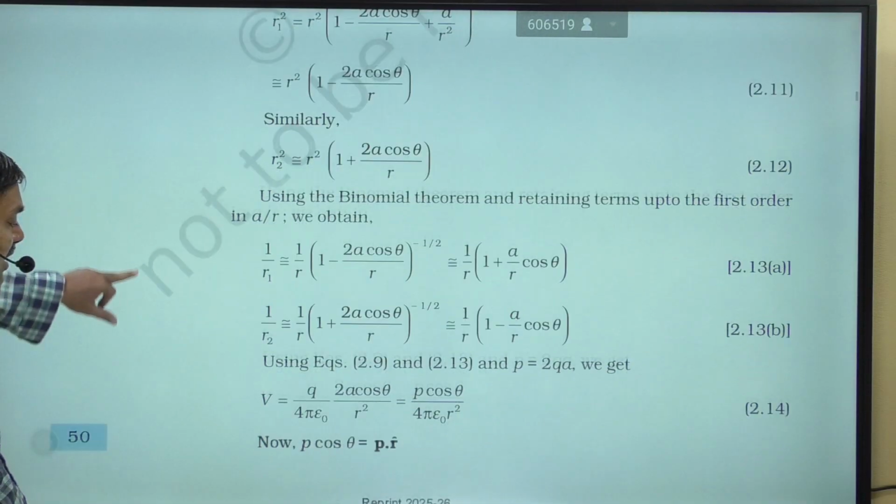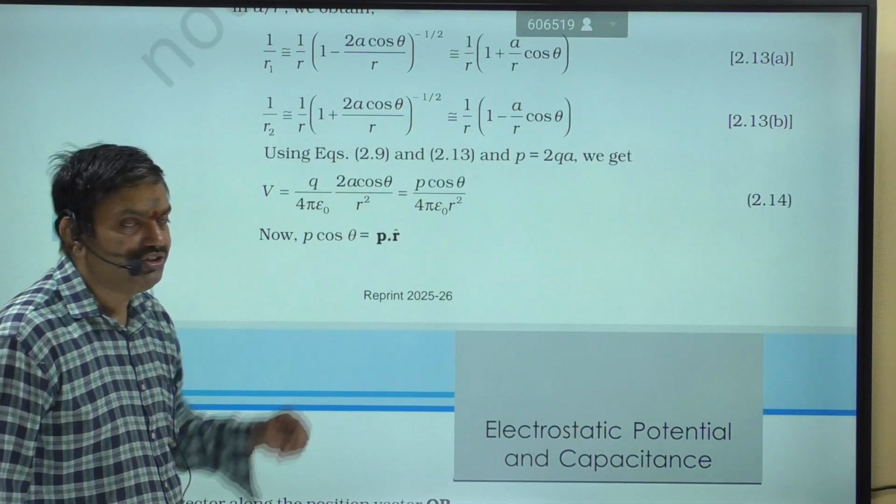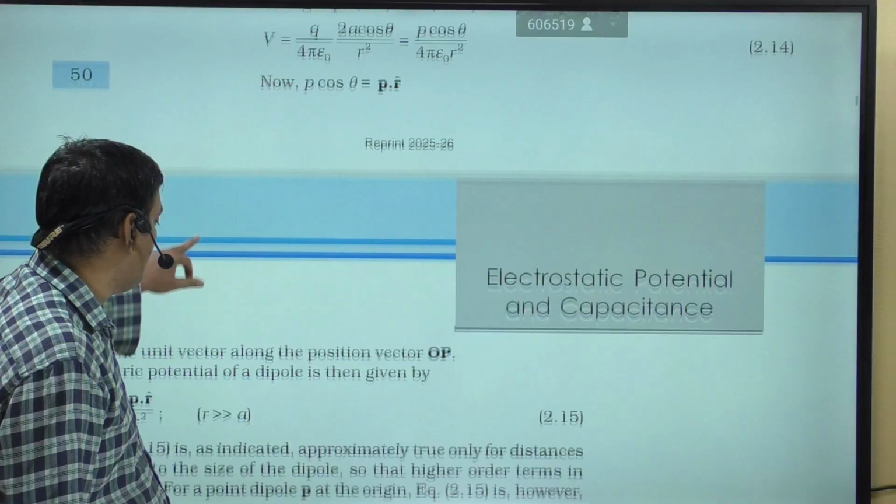P. కాబట్టి final expression is p into cos 0, that is p by 4 pi epsilon naught r square is one expression.